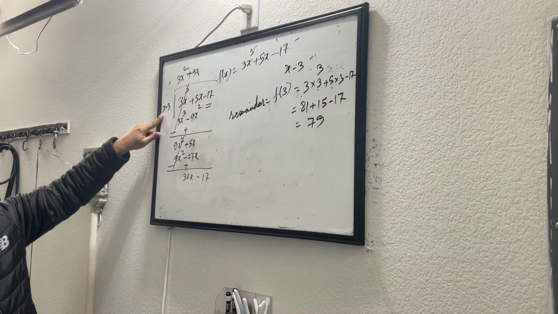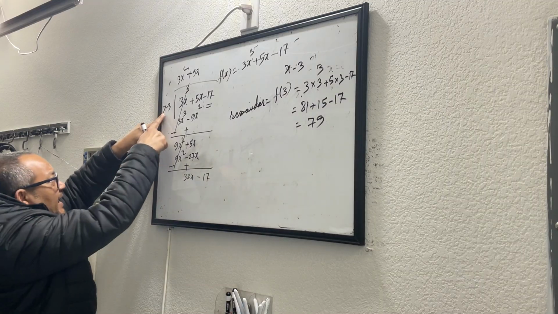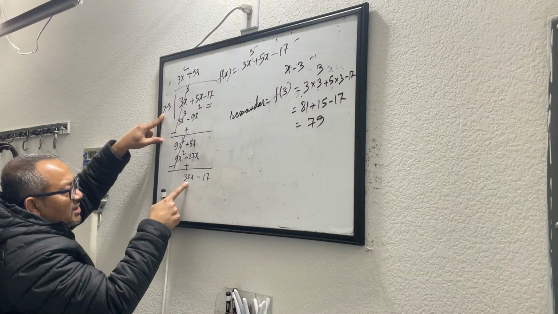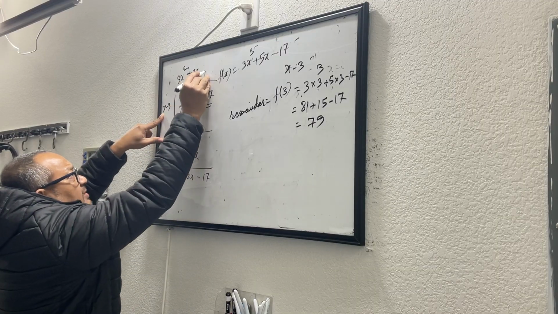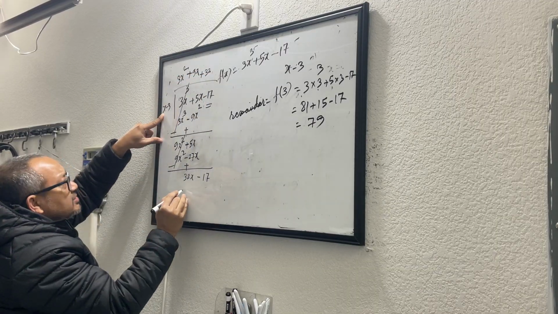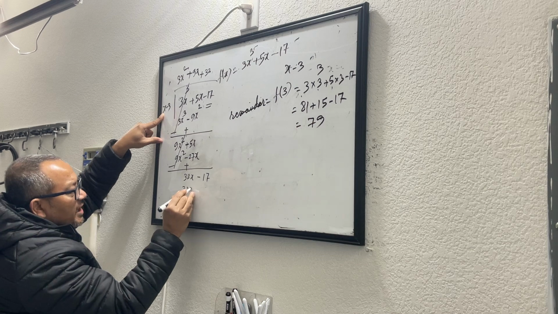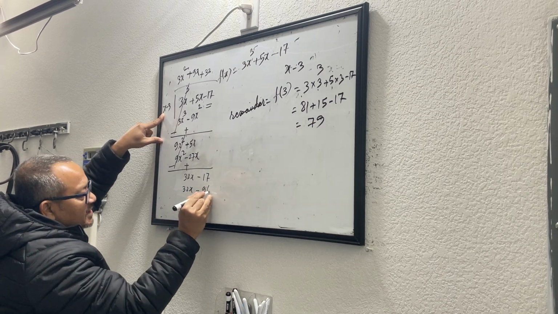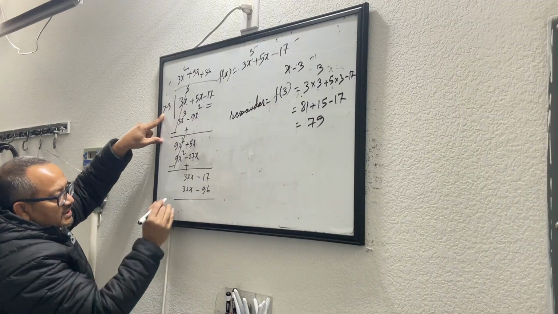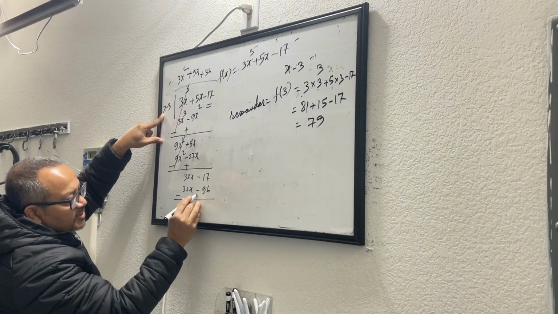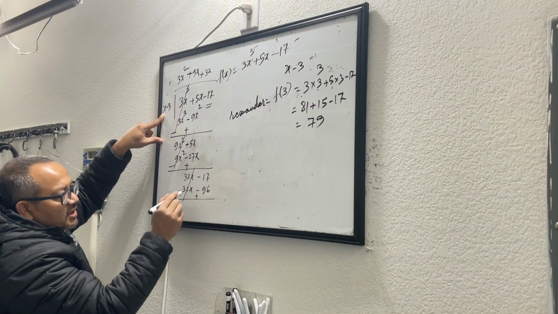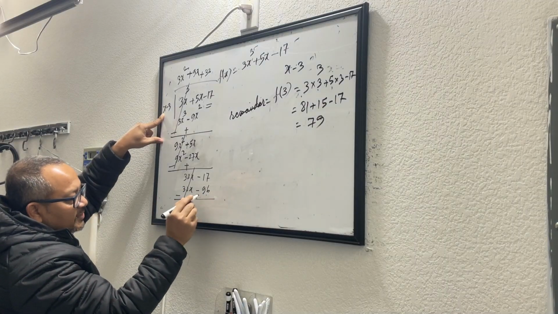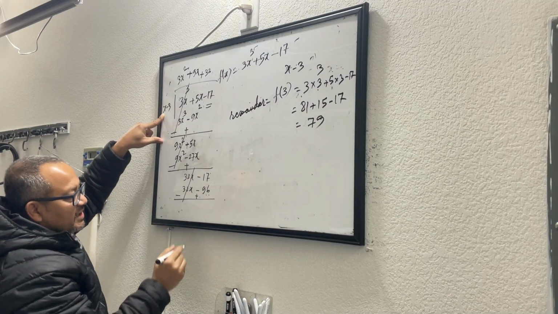Now I have x. What do I multiply x minus 3 with to get 32x? This is simple. I have to multiply by 32. So that is how I get 32x. Minus 32 into 3 is minus 96. This minus will change to plus. These two are gone. 96 plus minus 17.